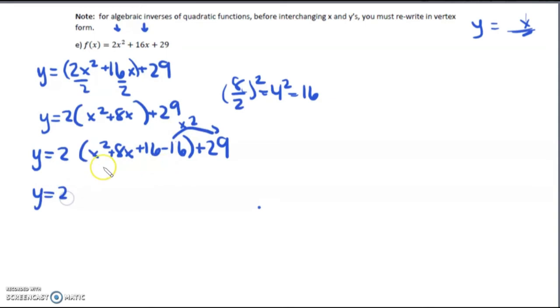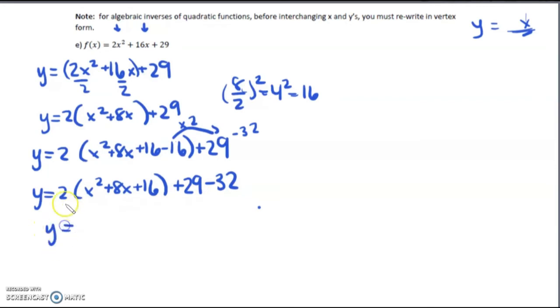We're left with our trinomial in the bracket, x squared plus 8x plus 16. And then we get negative 32 out here. So we get plus 29 minus 32. The last part of completing the square is we're going to factor this. So we get x plus 4 squared, and we're going to add these. So we're going to get minus 3.